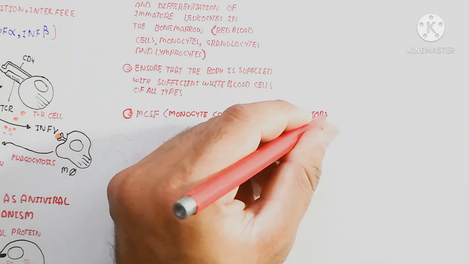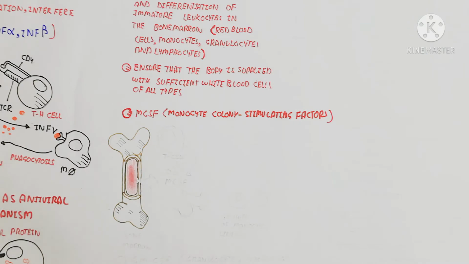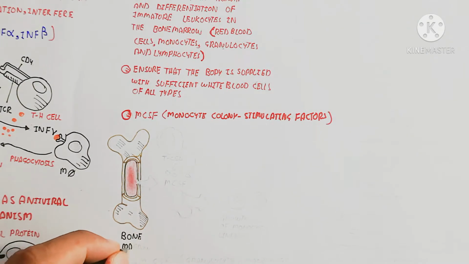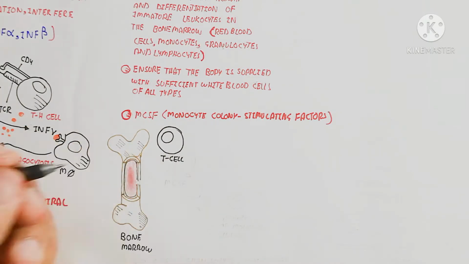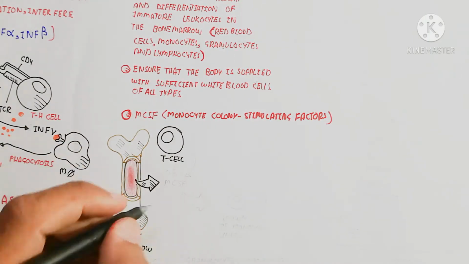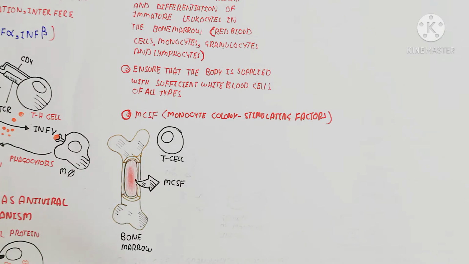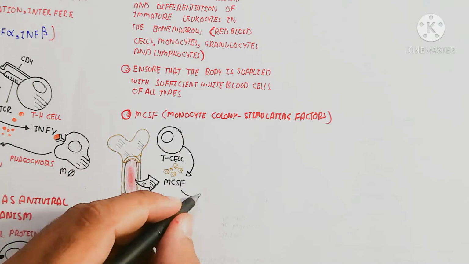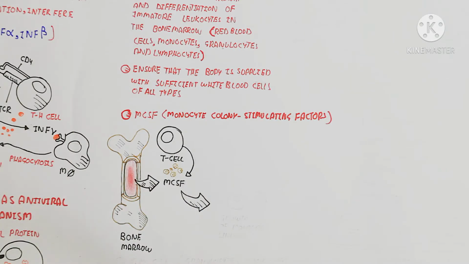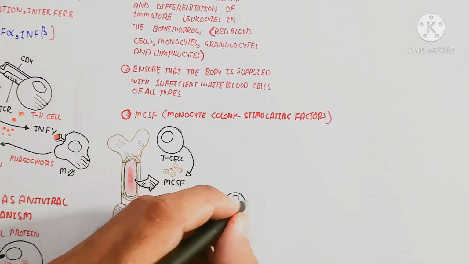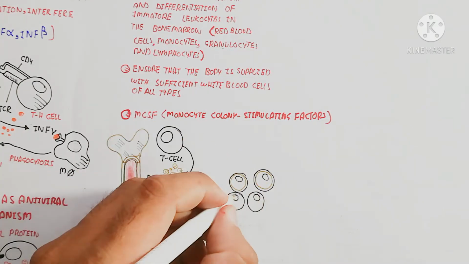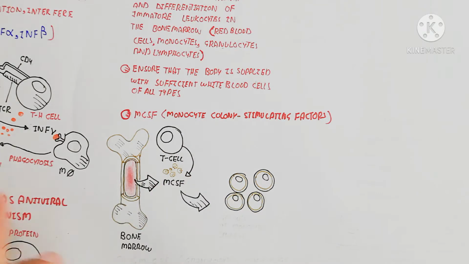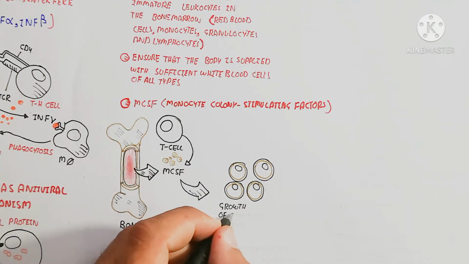types. So all types of cells are possible due to the colony stimulating factor, CSF. So here the MCSF is another one, the monocyte colony stimulating factor, which stimulates the monocyte colony. So the bone marrow produces MCSF, and that means it produces the growth of the monocyte lineage.